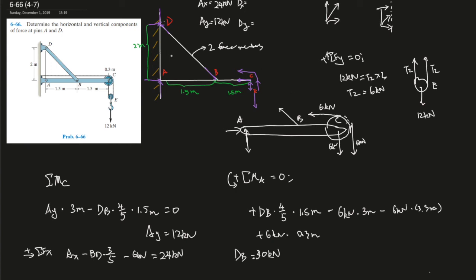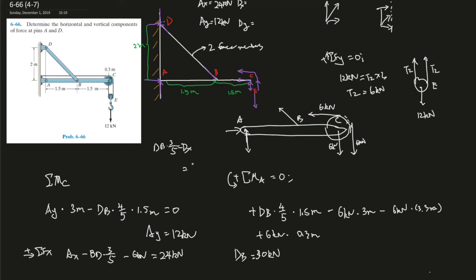And then, since this is a two force member, dB is going to here, is going to equal this and this, right? So dB times 3 over 5, that would be the x direction, would be equal to dx, right?